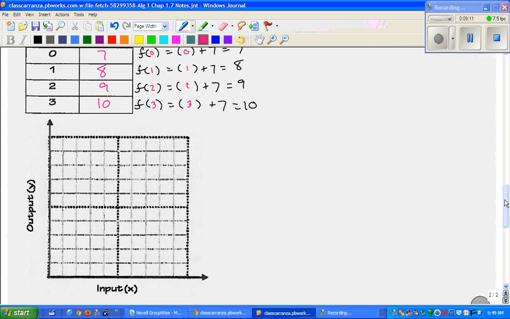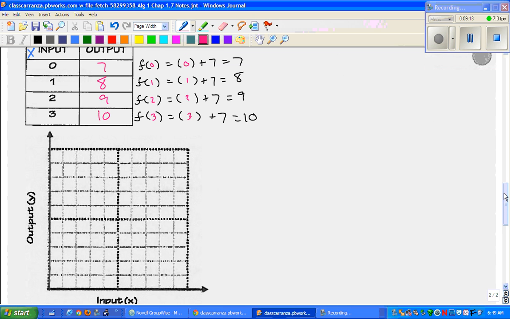So the next thing it says that we have to graph. Our outputs are on the vertical side, our inputs are on the horizontal side. Here is 0, this is 5, and this is 10. Same thing, 5 and 10.